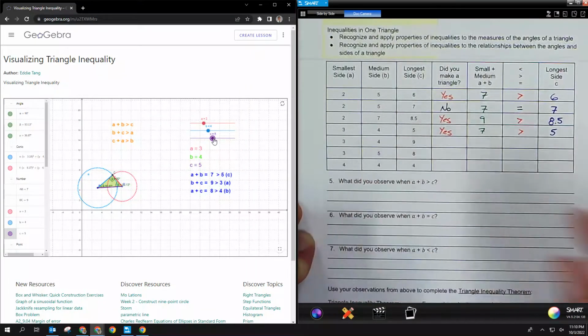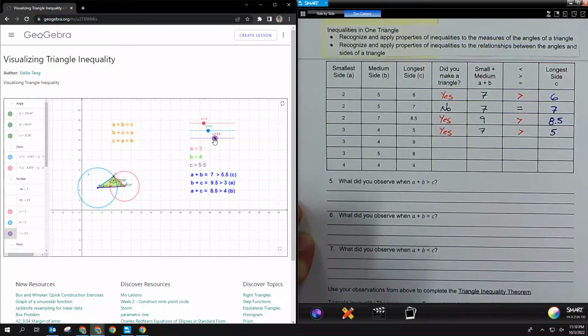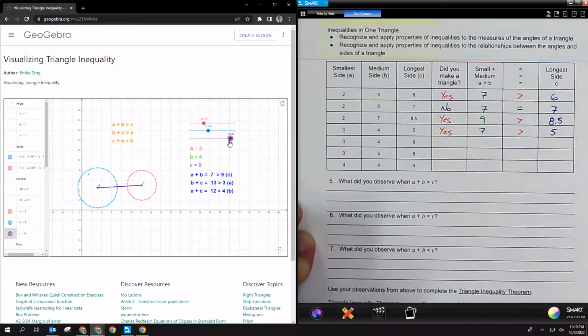Our two small sides don't change, but this time we're going to increase the largest side to 9. And in this case, does this make a triangle? No, it doesn't. The distance from B is 3 and the distance from A is 4. There's no point where those two distances could meet to form a vertex.